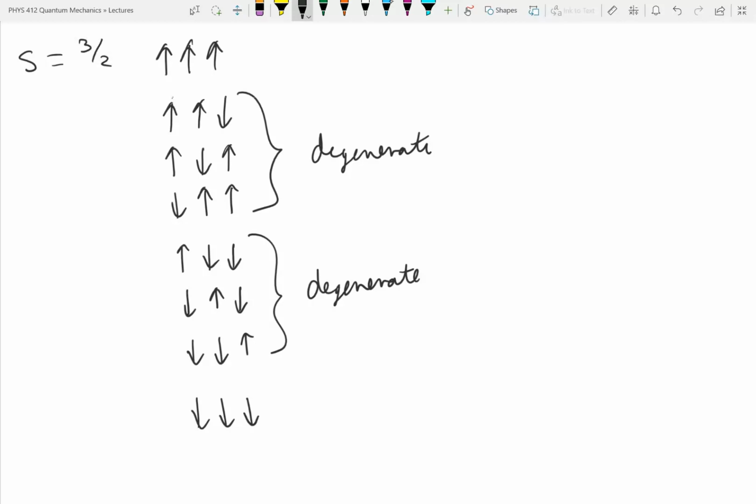And for the bottom one? Same thing, 3/2. These here could be 3/2, or they could be 1/2. So we're going to have to figure out what our combinations are to get those. So this is going to be a little more complicated.